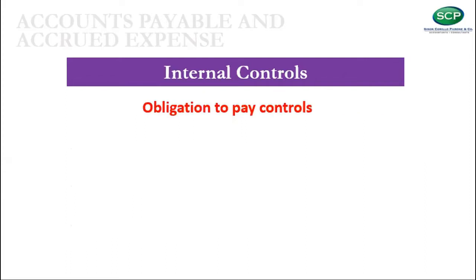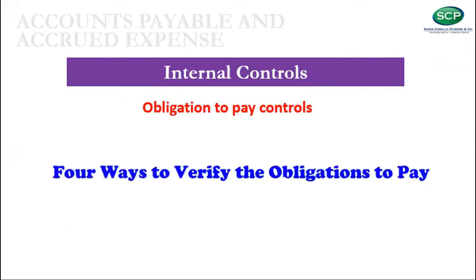Let's start with obligation to pay controls. The controls under this category aim to ensure that all the accounts payable and accrued expenses of the company are verified.